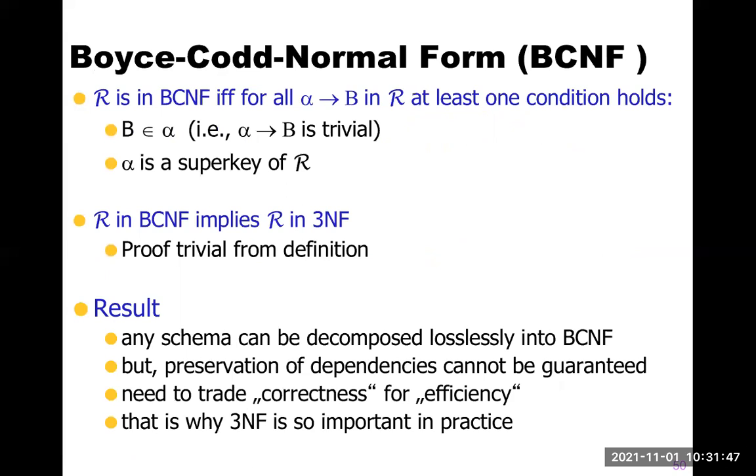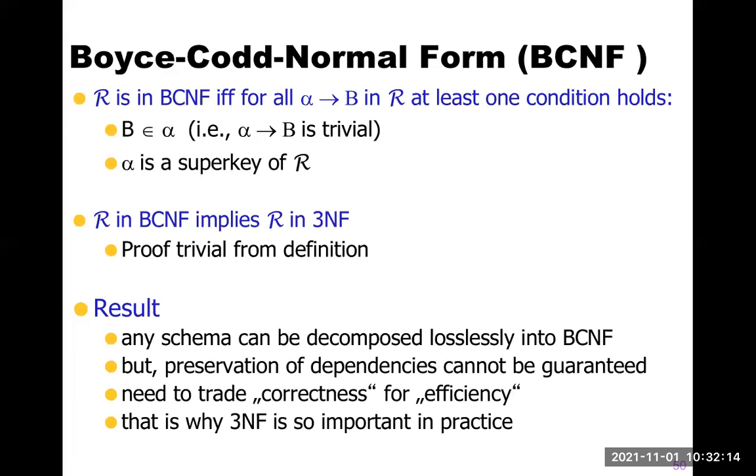And this next normal form is something to pay attention to. So what if we have multiple keys? Let's define Boyce-Codd normal form and then compare it with third normal form.